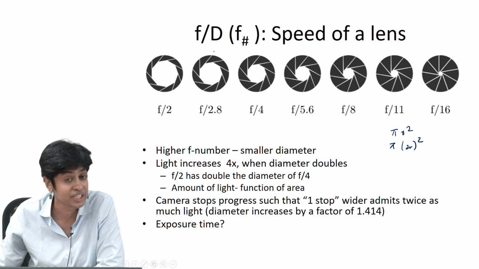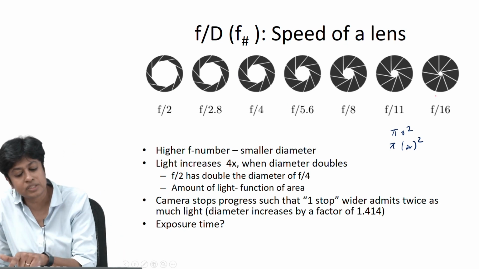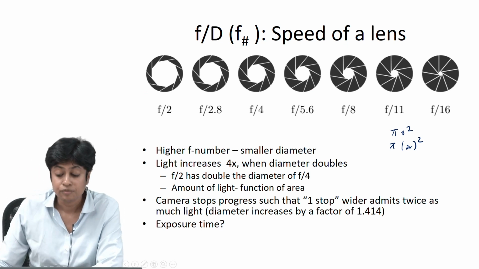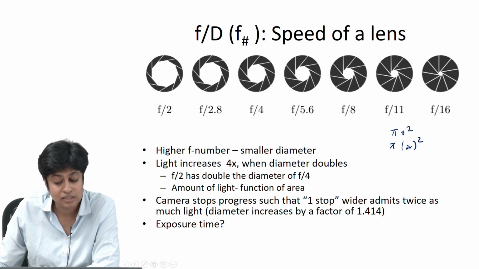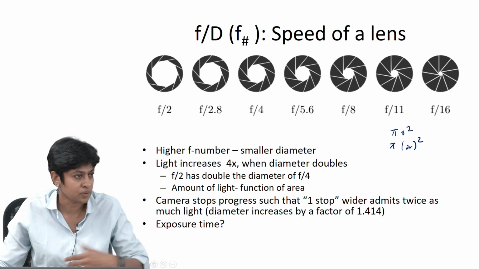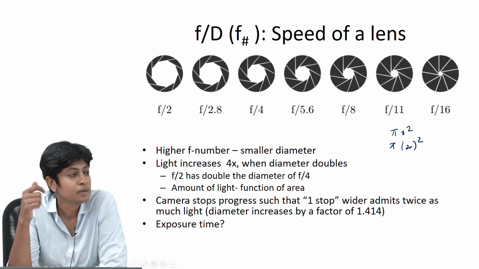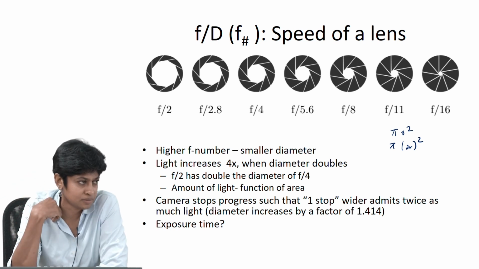This radius has been changed such that the area has only gone down 2 times, right? So, the area of f/8 has doubled compared to f/11, and that means you keep going down in exposure time by half. And that's where these numbers come from. You're not changing the area by 4 times but by 2 times.